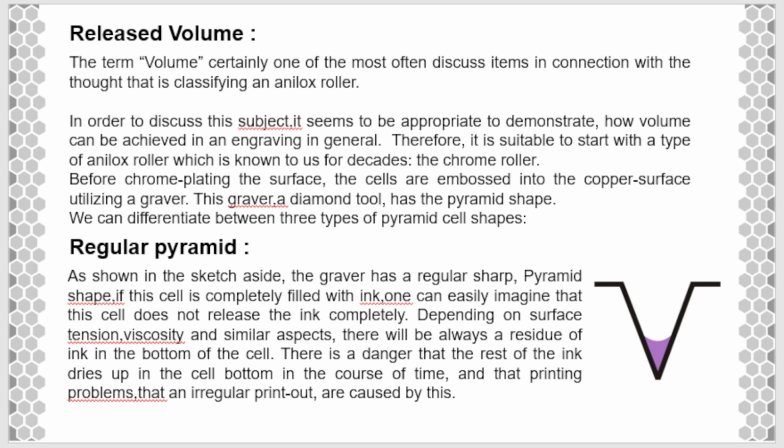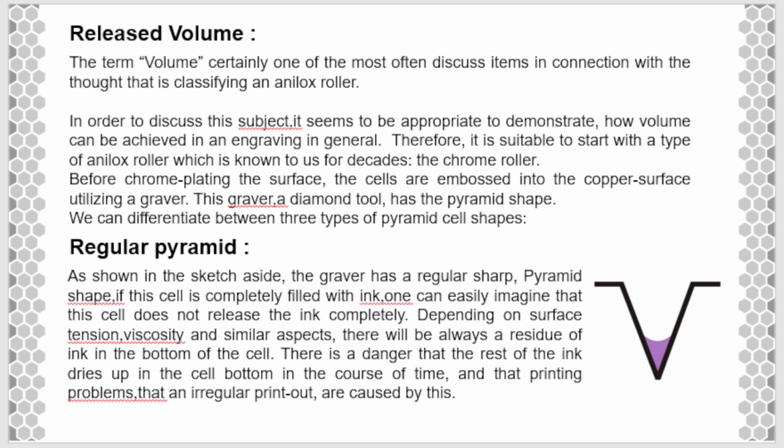Therefore, it is suitable to start with a type of Anilox roller which is known to us for decades, the chrome roller. Before chrome plating the surface, the cells are embossed into the copper surface utilizing a graver. This graver is a diamond tool with a pyramid shape. We can differentiate between 3 types of pyramid cell shapes.